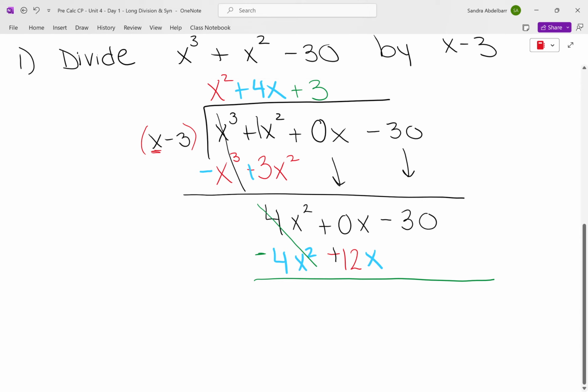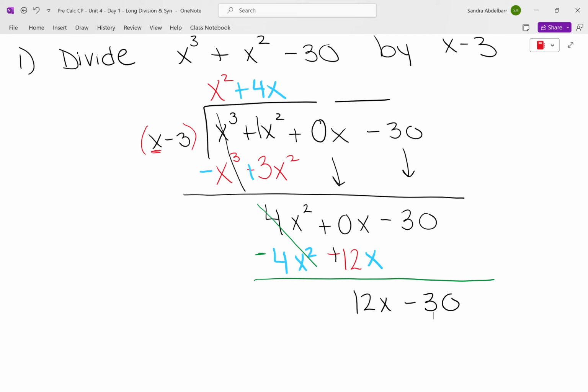So then we do the opposite sign, so that would be a plus 12x minus 30. So now negative 3 times what will give us a positive, wait, are we okay here? Plus 12x, yeah.